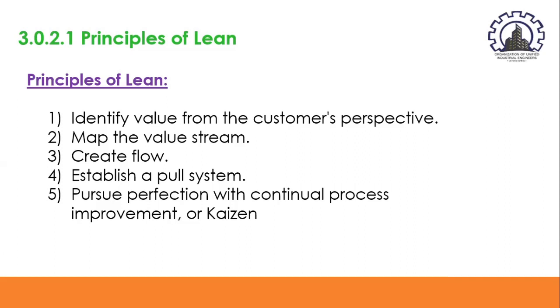Now, in mapping the value stream, this principle involves recording and analyzing the flow of information or materials required to produce a specific product or service, with the intent of identifying ways and methods of improvement.